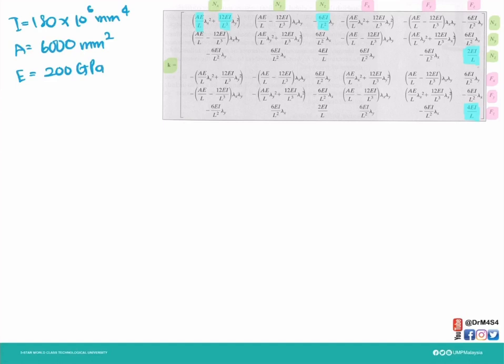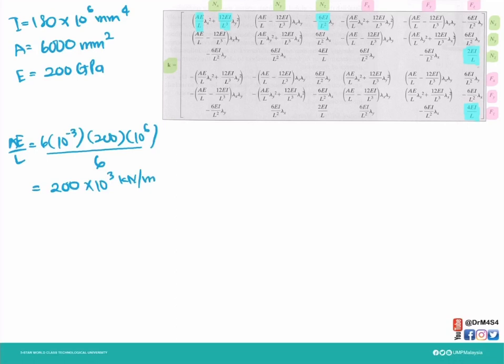So let's calculate for AE over L. So be careful with the unit given and the unit you want to. So this unit in kilonewton per meter. So convert it carefully.